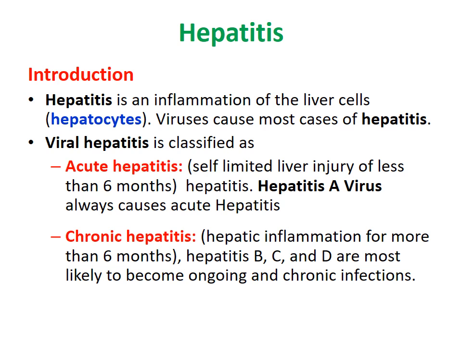Acute hepatitis is self-limited liver injury of less than 6 months, and it is caused by different types of hepatitis viruses, among which hepatitis A virus always causes acute hepatitis, while chronic hepatitis is hepatic inflammation for more than 6 months, and hepatitis B, C and D are most likely to become ongoing and chronic infections.